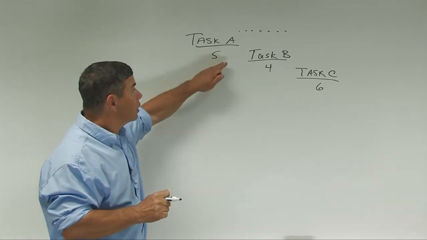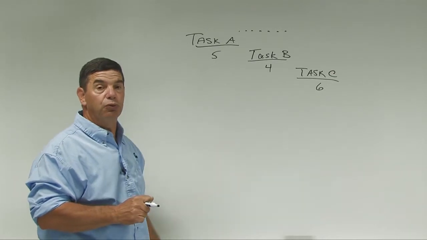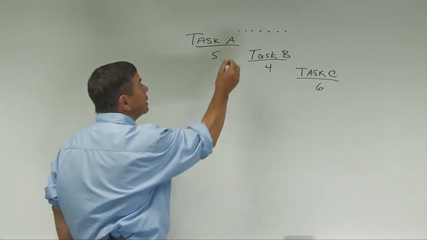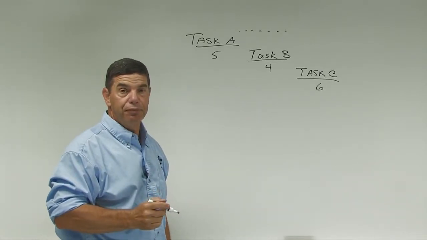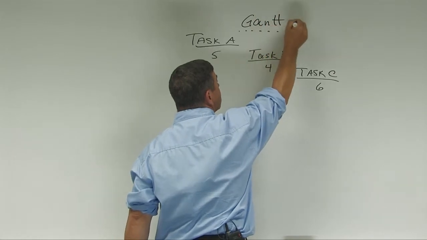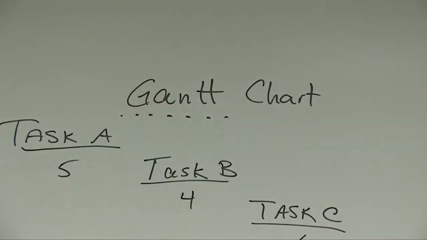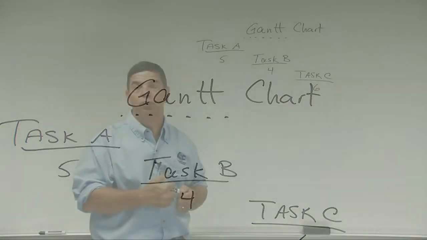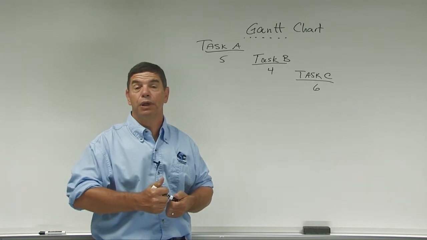And a bar chart then, as it gets updated, each individual task would also need to be updated because task A does not affect task B. So this type is labeled Gantt chart or bar chart.